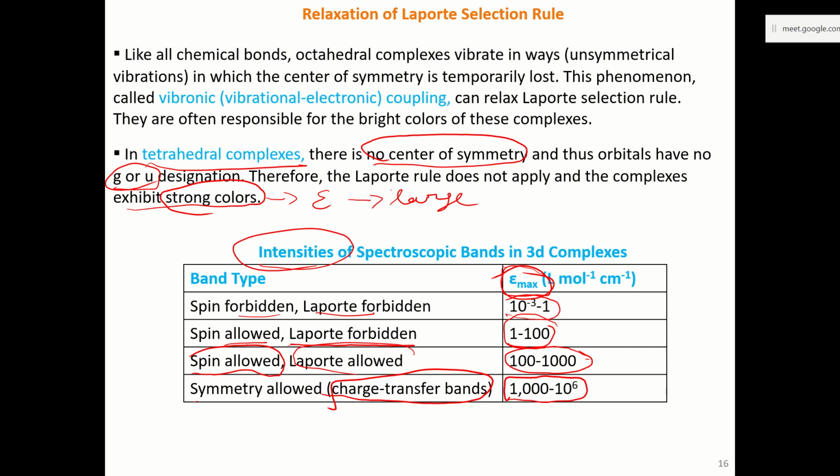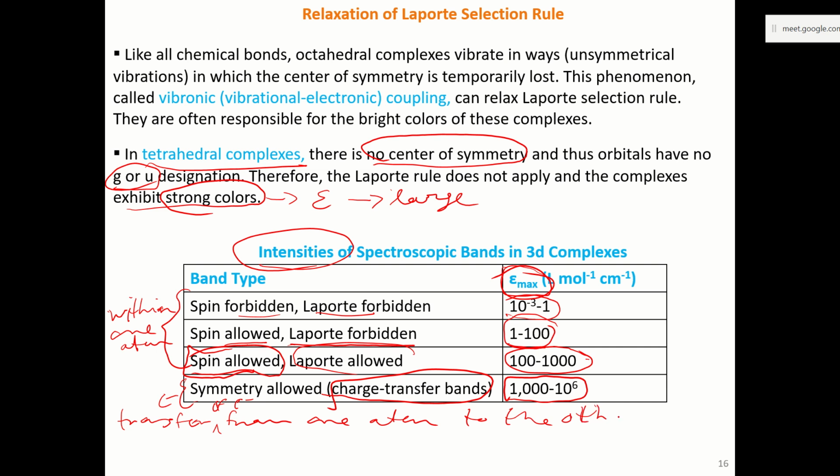They are intensely colored because none of these rules apply, which we were discussing for transitions within one atom. एक ही atom में जो transitions के लिए था वो इस तरह का था, within one atom, or here we are talking about transfer of an electron from one atom to the other. ठीक है, थोड़ी देर के लिए जो इलेक्ट्रॉन ट्रांसफर होता है.